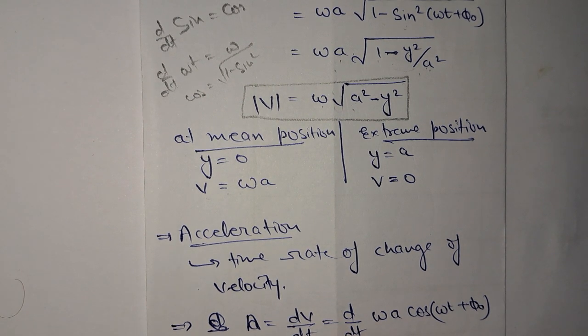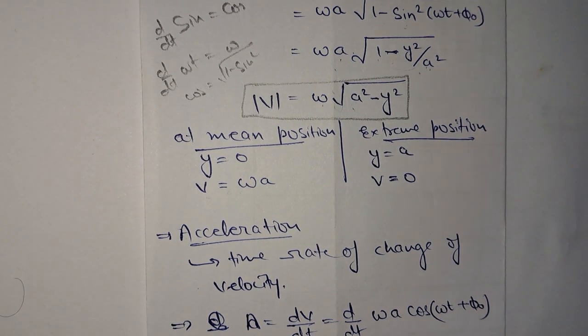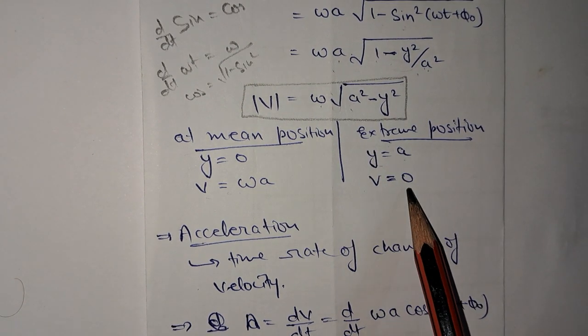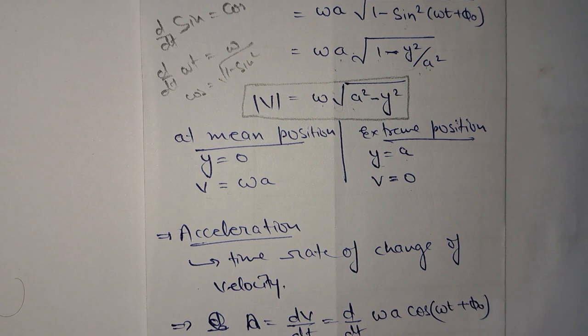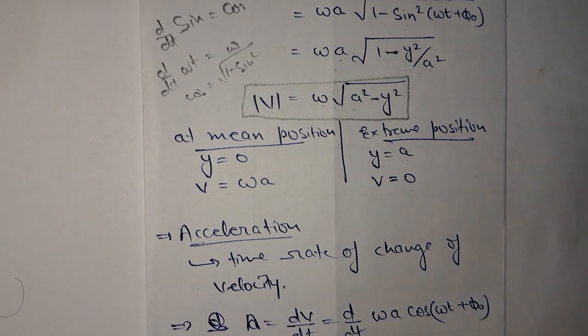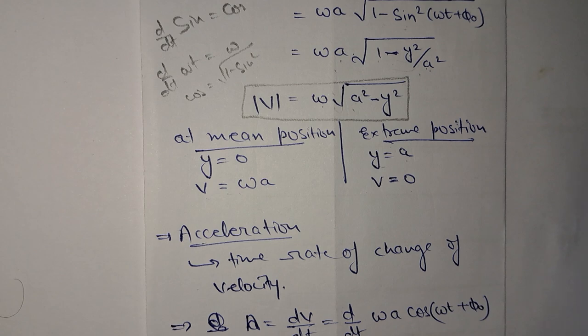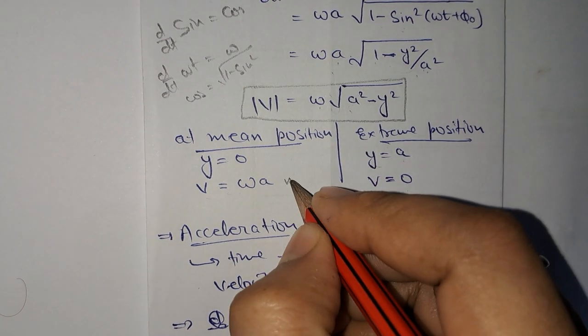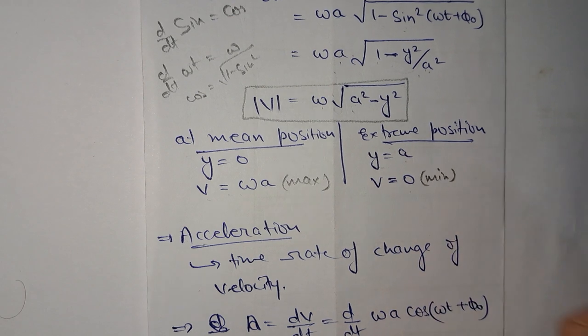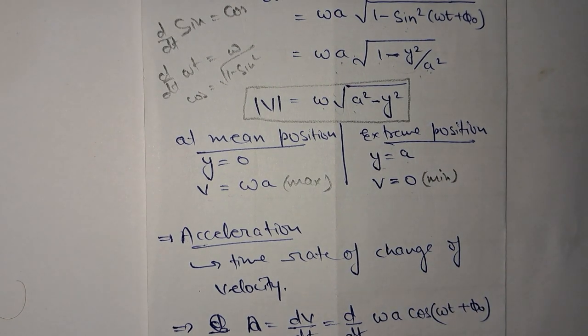But at extreme positions, you can see y is equals to a, so velocity is equals to 0. As in case of simple pendulum, you can consider the velocity is maximum at mean position and minimum at extreme positions.